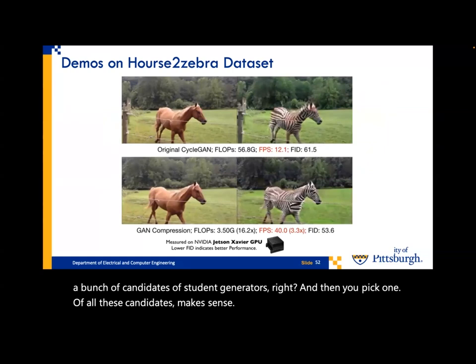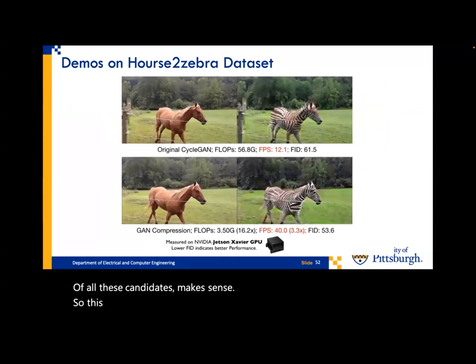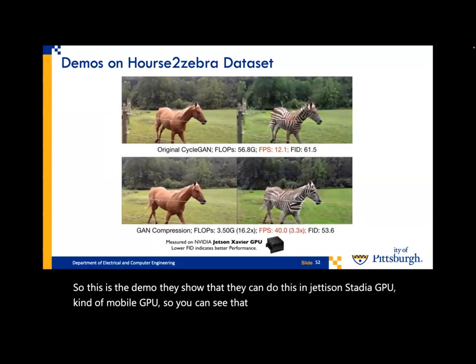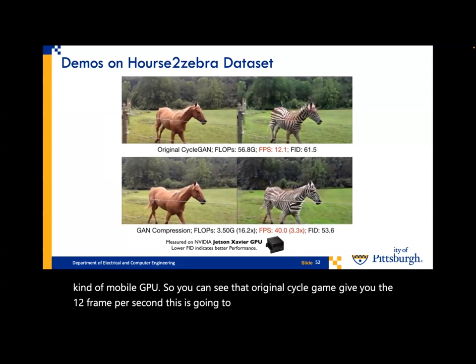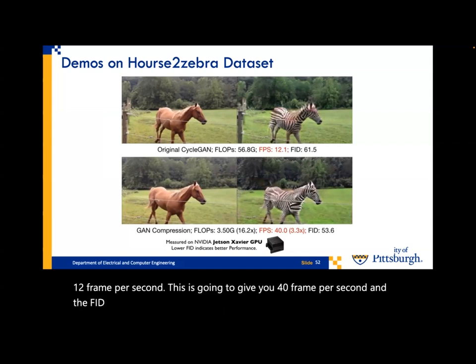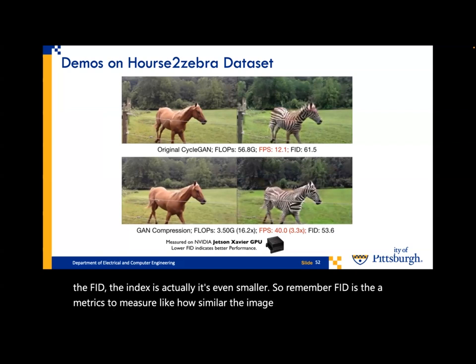So this is the demo. They show that they can do this on a Jetson Xavier GPU, kind of a mobile GPU. You can see that the original CycleGAN gives you 12 frames per second. This one gives you 40 frames per second. And the FID, the index, is even smaller. Remember, FID is a metric to measure how similar the image is to the grounded truth, so the smaller, the better.